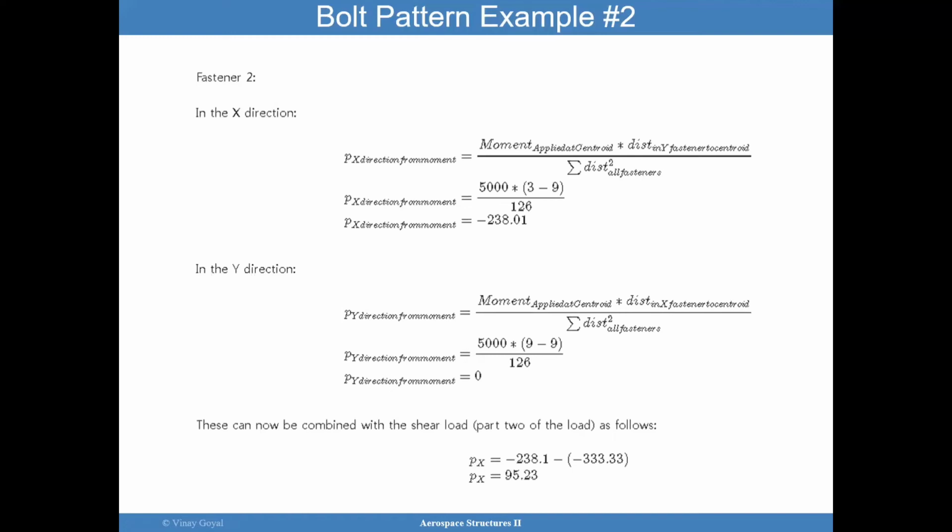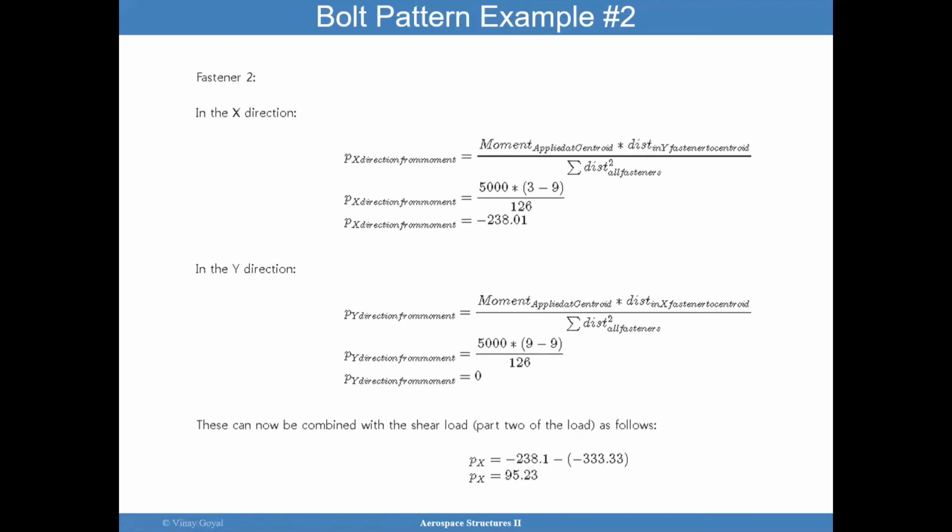And to calculate fastener forces for fastener 2 in the x and y direction, again, in the x direction, you have 1,000 pounds divided by 3 bolts gives you 333. So we're after the force in the x direction caused by this moment. And how do I do that?